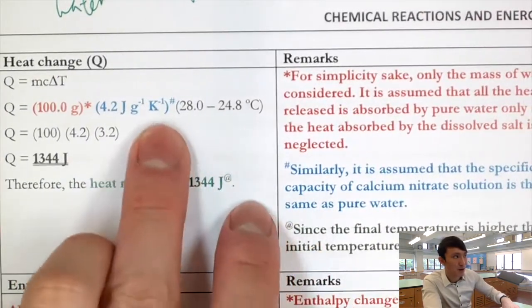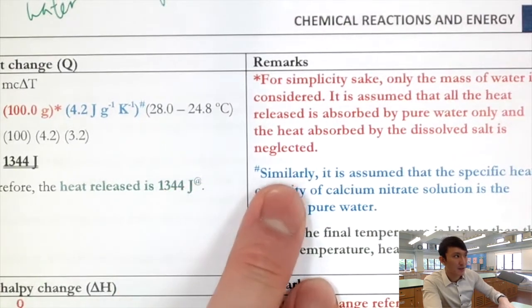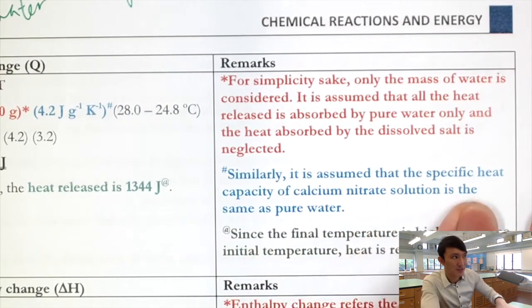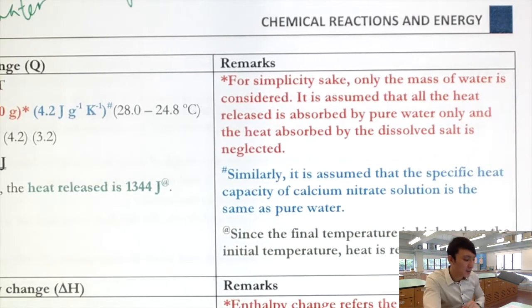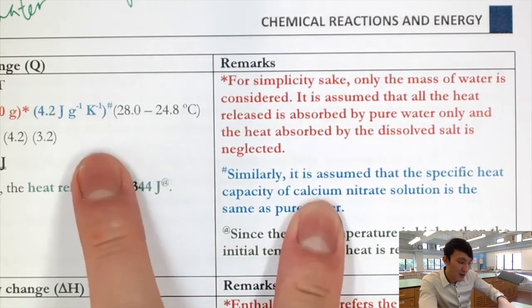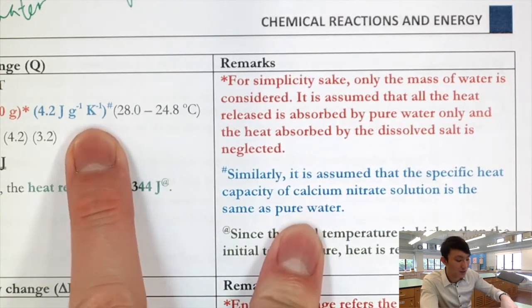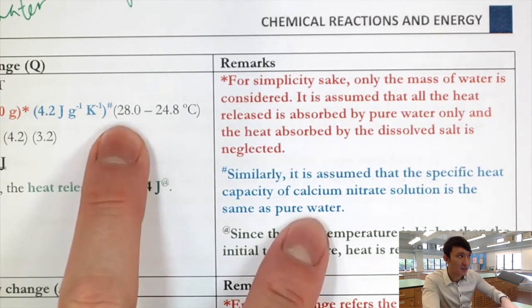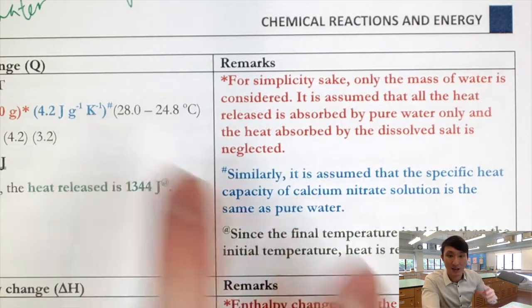So the blue part here, similarly, it is assumed that the specific heat capacity of calcium nitrate solution is the same as pure water for simplicity's sake. All right? But of course, knowing this assumption, this is actually one of the errors that we will come across in this kind of calorimetric experiment. So you need to recognize that this is actually an assumption.